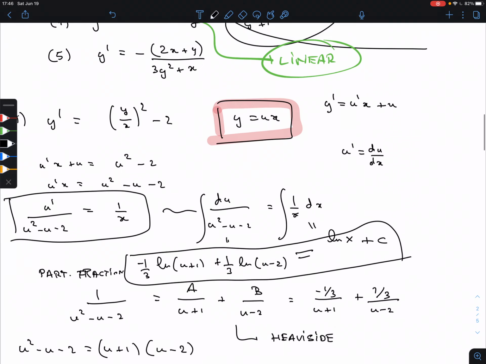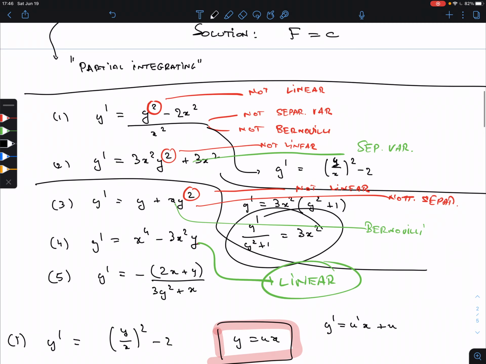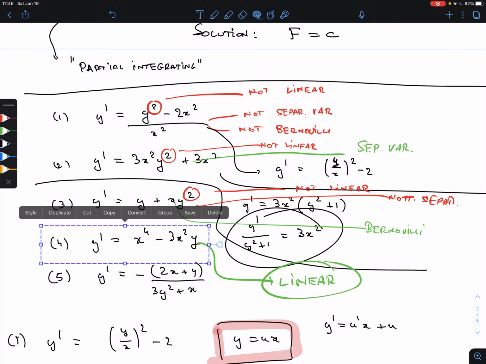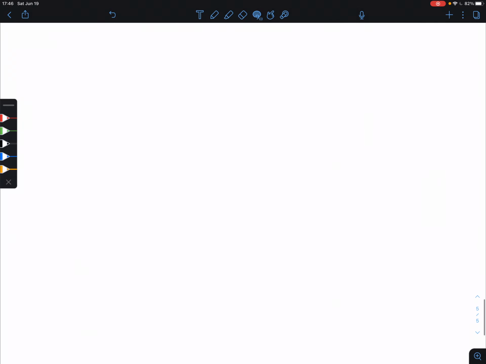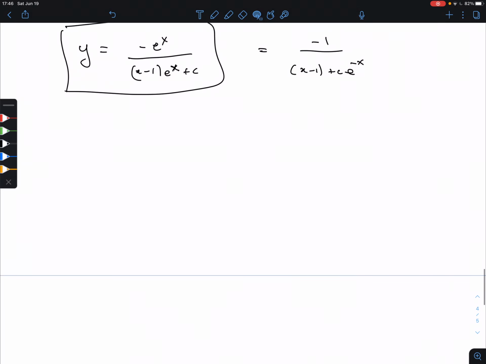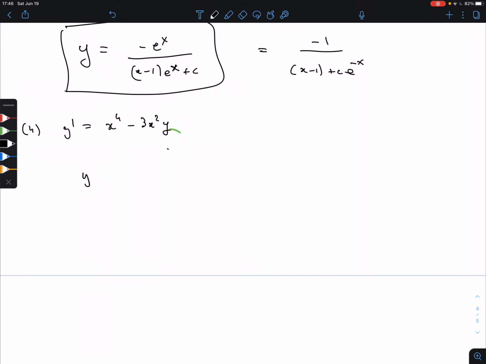I'm going to copy this because if I have to go back so many times... So let me write this as y prime plus 3x squared y equals x to the 4th.